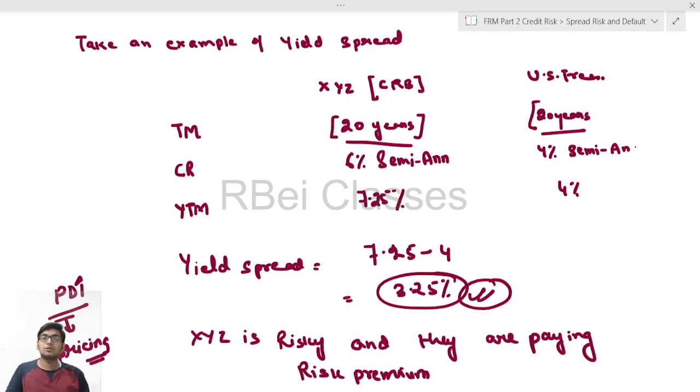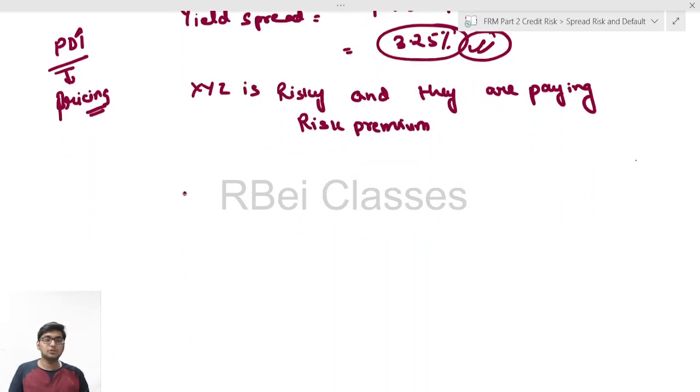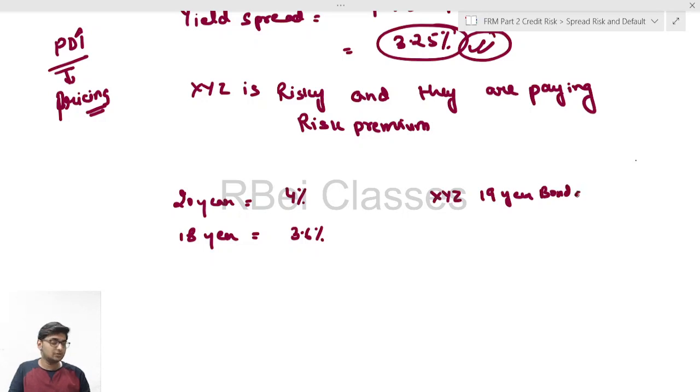If the maturities are not the same, then we need to do the interpolation. Suppose we have a US Treasury bond of 20 years and its YTM is 4%, and there is one bond of 18 years whose YTM is 3.6%. Clear? Now XYZ 19-year bond, and its YTM is 7.25%.